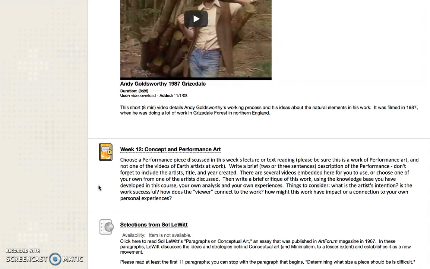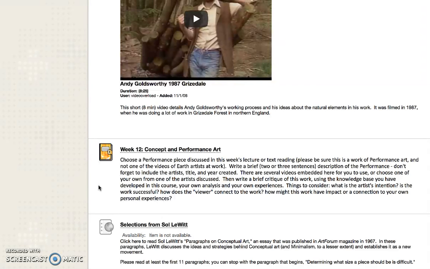Think about the fact that good criticism is always going to do more than just say, I like it or I don't like it. You need to say why something works or doesn't work, why it fits the characteristics of a particular movement, why it might be compelling, why it might have social significance or historical significance. So think hard on this and take this seriously, because good criticism is good analysis, right?